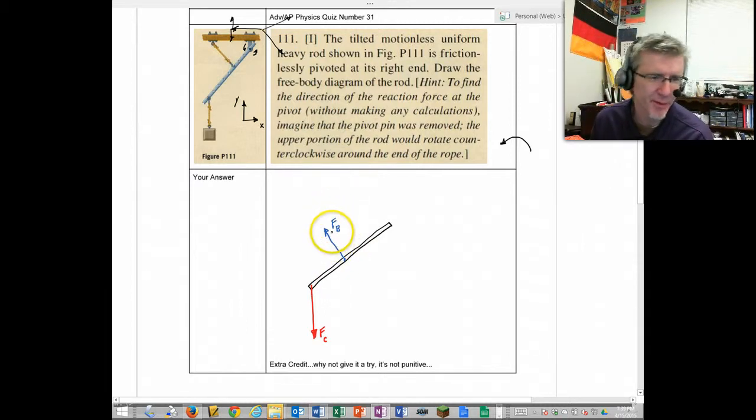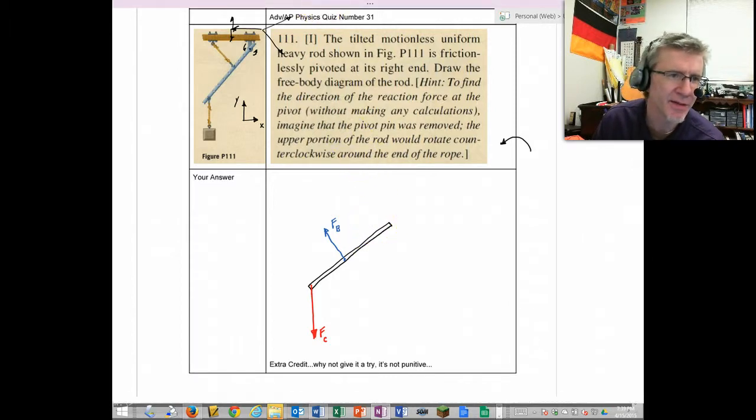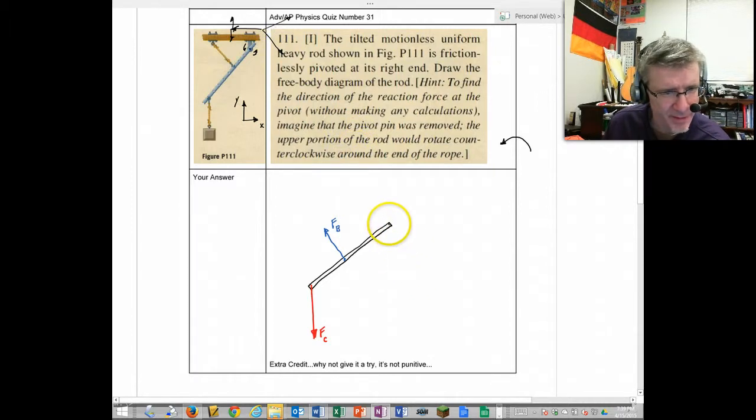Now, the cool thing about this is that this is a body with three non-collinear forces. So I could say that the force here is somehow, well, it's got to be this way, because as soon as that pin gets free, it gets pulled free.